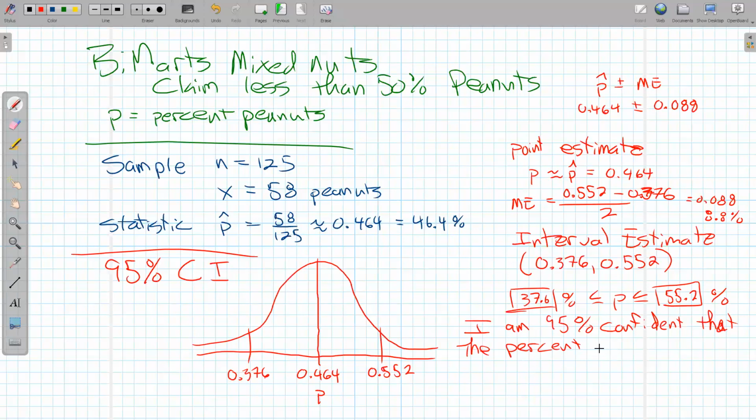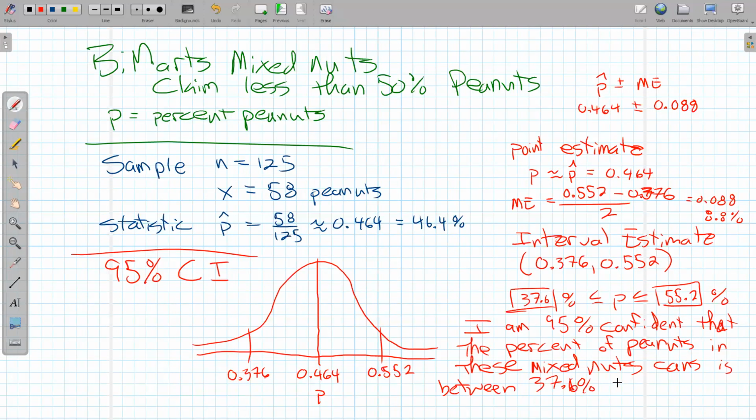I'm 95% confident that the percent of peanuts in these mixed nut cans, whoever made those nuts, is between 37.6% and 55.2%.